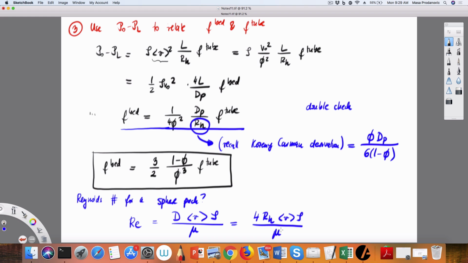Now, that said, if I have 2 times or 4 times or even no 4 here in the definition, it doesn't really matter as long as ultimately people agree, well, this is the definition of Reynolds number for a SpherePack, because we know we don't have one strict definition.